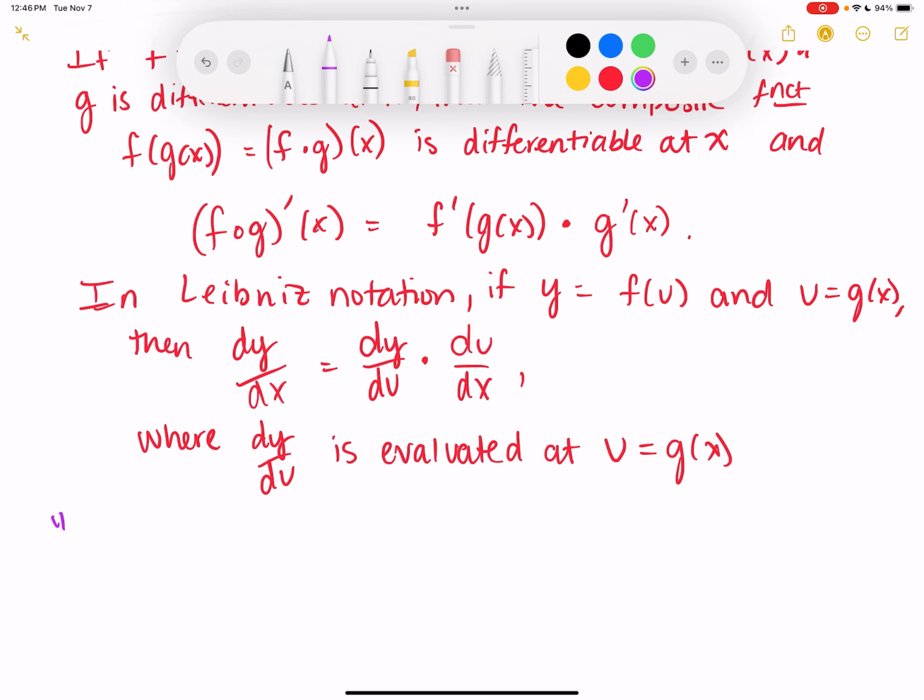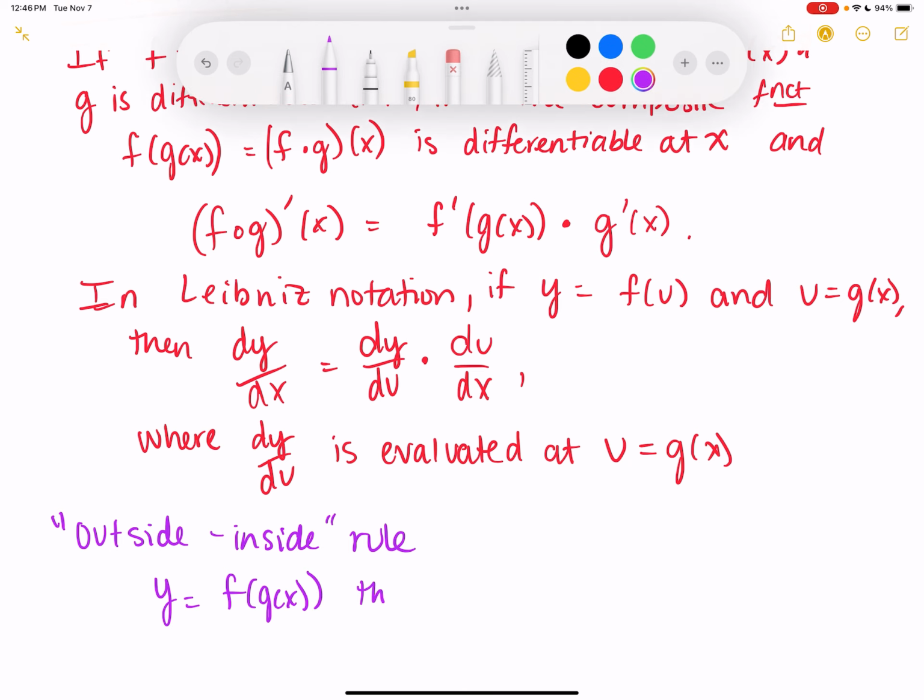The outside-inside rule. So basically this is the same thing. So basically, just to simplify it, if y is equal to f of g of x, then dy dx is equal to f prime of g of x times g prime of x, which I realize is pretty much exactly what was written up there.